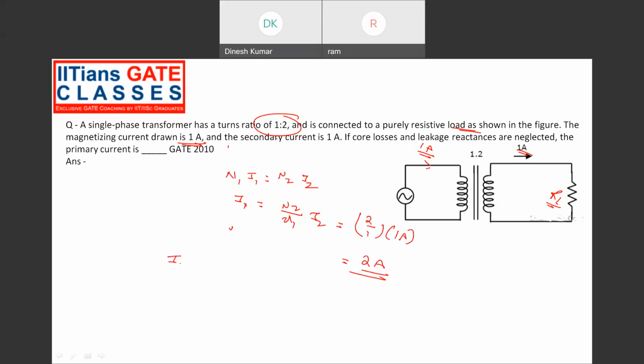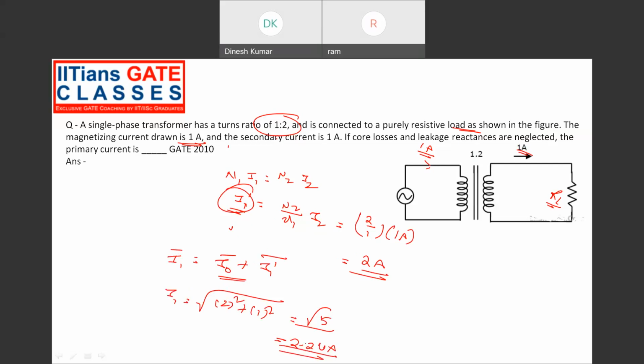Now we know that the total resultant current is the vector sum of the no load current plus I1 dash. Actually, this is I1 dash. So I can write I1 equal to square root of 2 square plus no load current 1 square, because it is a vector sum. So that is root 5, that is 2.24 amps.